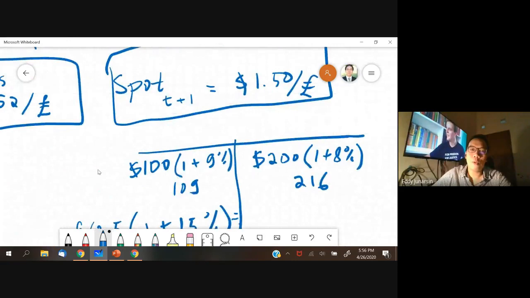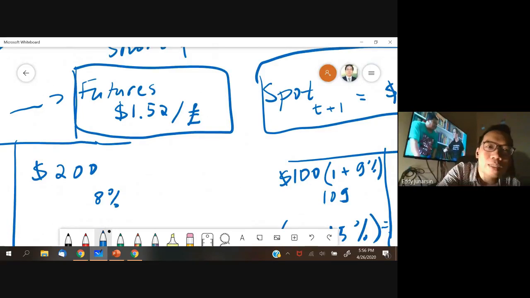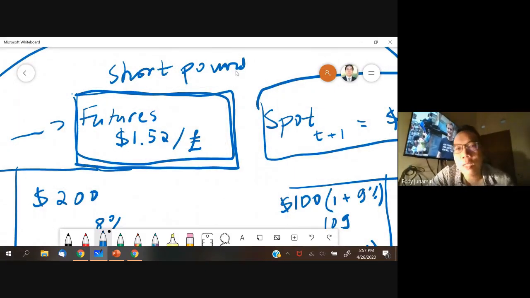However, remember 1 year before, you had made this contract, right? You made this futures contract, and you took a short position, meaning the selling position. What was your position again? Short pound, right? Why did you take short pound?